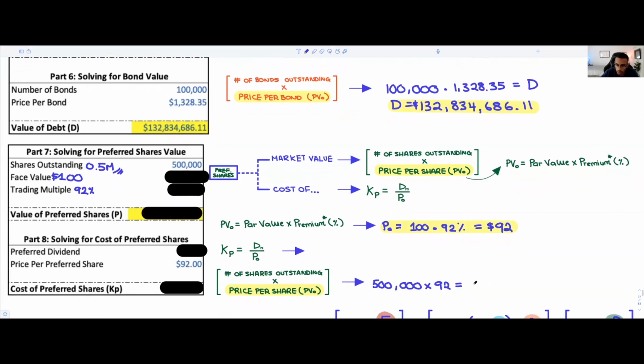In this case, it's equal to 92 times 500,000. Let me try to show my quick math skills, which I probably don't have. I'm going to say it's 4.6 million. 46 million. Damn, pretty bad. I don't know how to do my zeros. So we're going to have $46 million here.